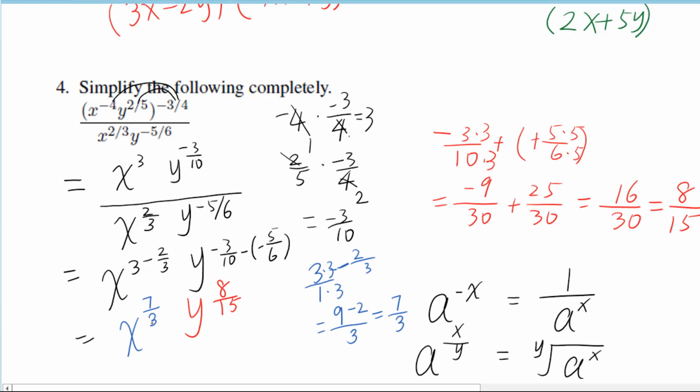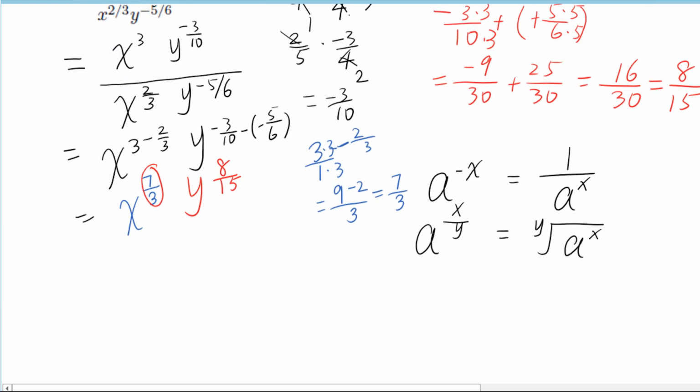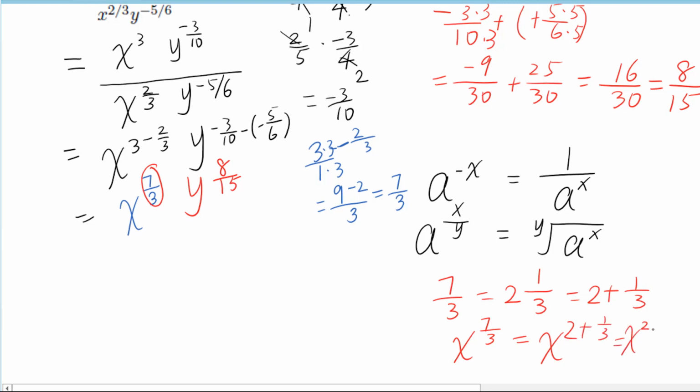For this 7 over 3, we need to change into a mixed fraction. Seven over 3 will be 2 and 1 over 3. We can write down 2 plus 1 over 3. Therefore, when we have x to the 7/3 power, I can write x to the 2 plus 1/3, which means x squared, then x to the 1/3 power.